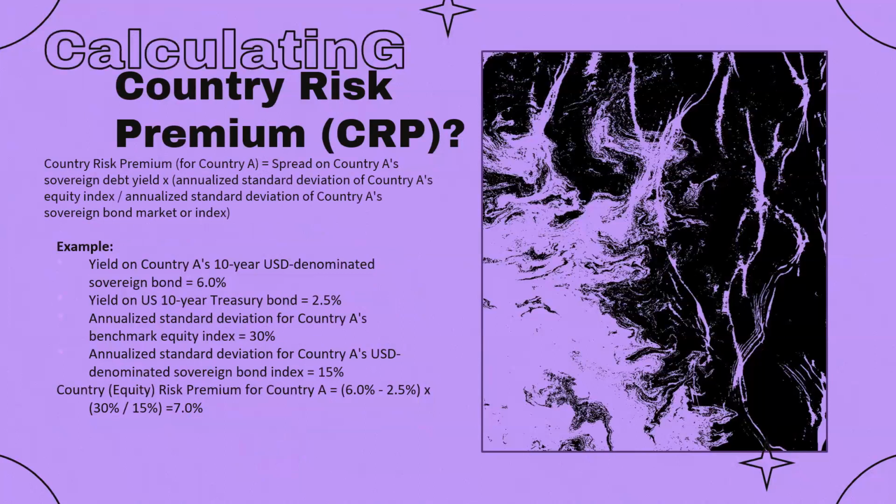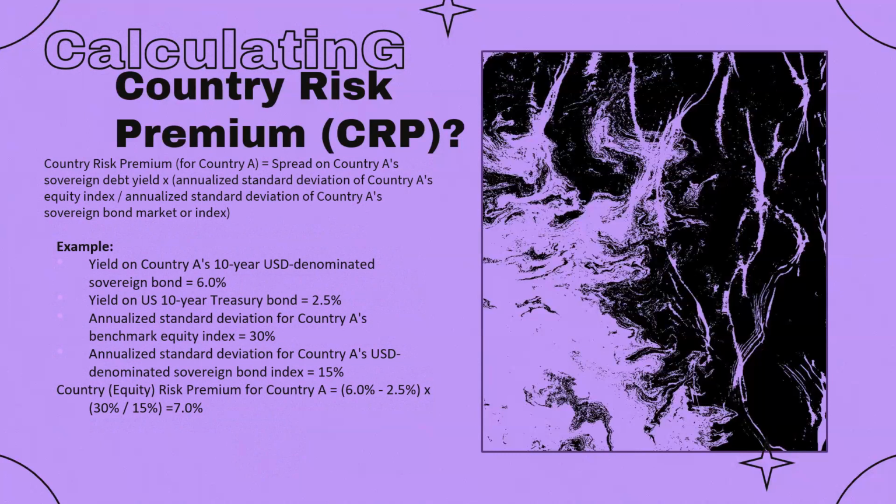Okay, so country risk premium for country A is the spread on country A's sovereign debt yield multiplied by the annualized standard deviation of country A's equity index over the annualized standard deviation of country A's sovereign market or index. No?